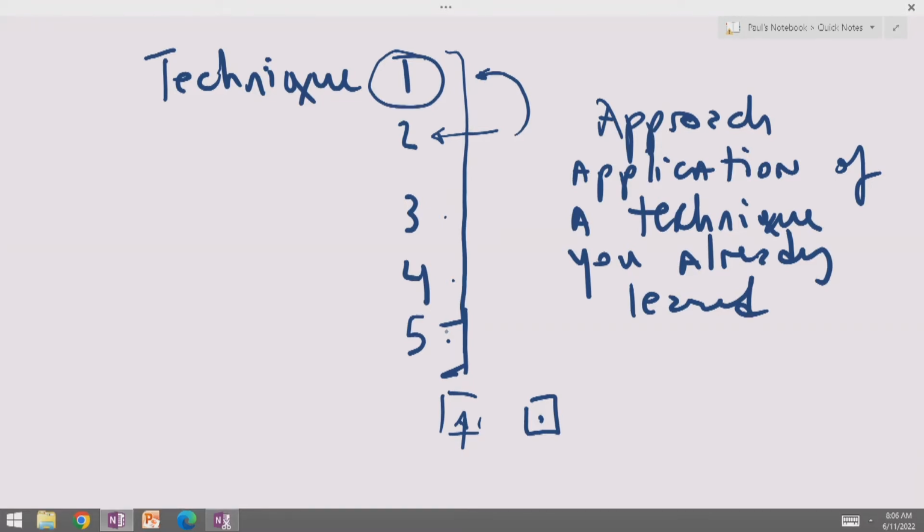So the reason why we spend so much time on number 1 is because technique number 1 is the most powerful of all, and it's usually the technique you must use in the most difficult segments in your state examination.